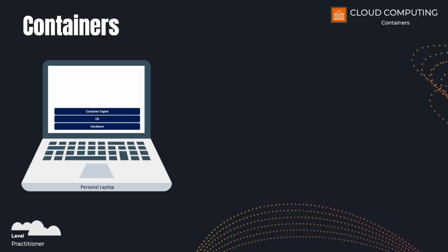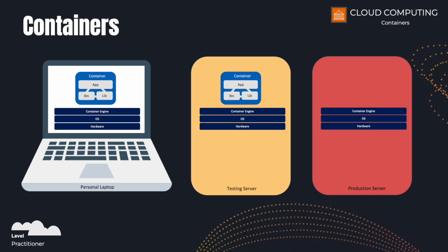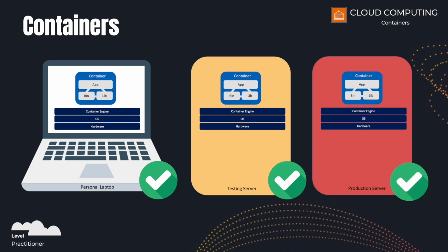So, containers address these issues by packing and bundling the application with everything it needs close together. Because of this, you can be confident that a successful build of your application will run exactly the same way across different environments, whether it's on your local machine, a test server, or in production.